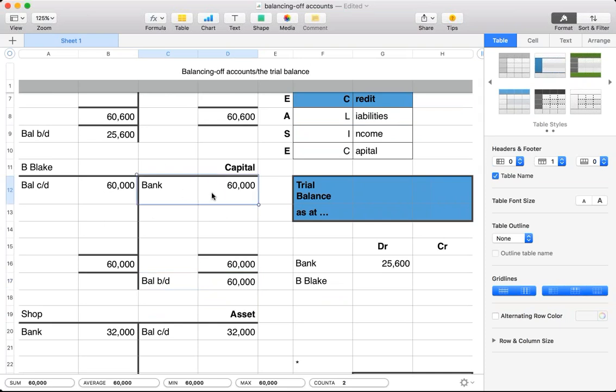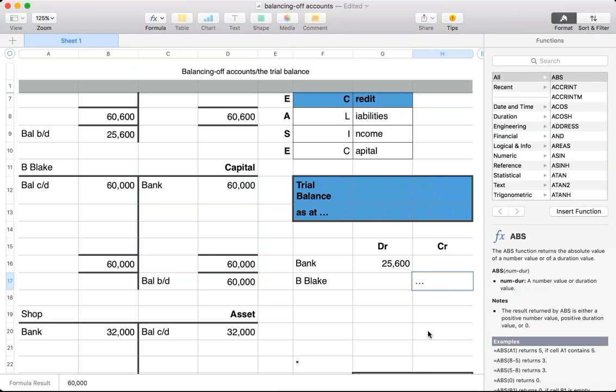It's a credit balance of 60,000. So we've carried it down, so it stands to reason that the balance brought down is also a credit balance of 60,000 because no other transactions have happened in the period. So we've got a credit balance in B. Blake's capital account of 60,000. So we're going to move to our credit column and we're going to put 60,000 in there.